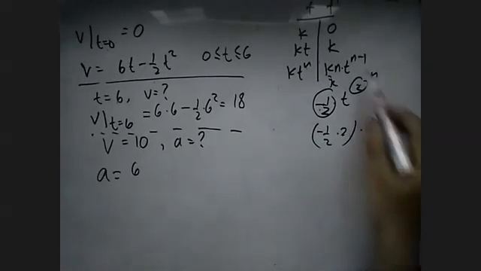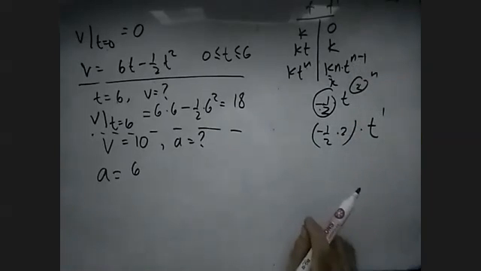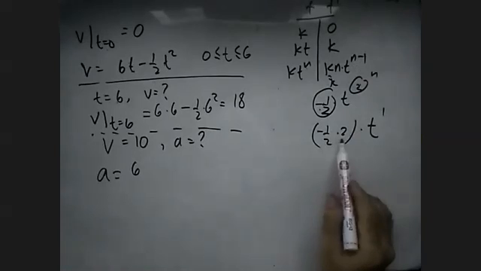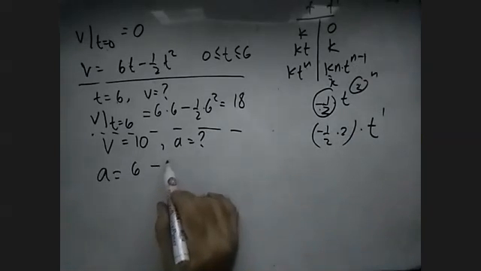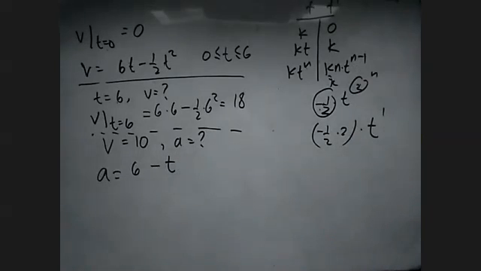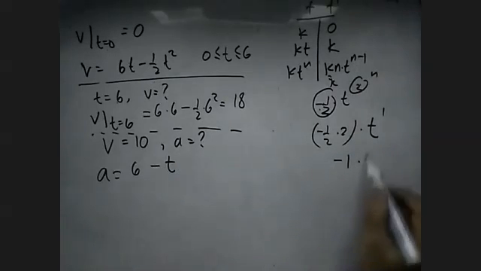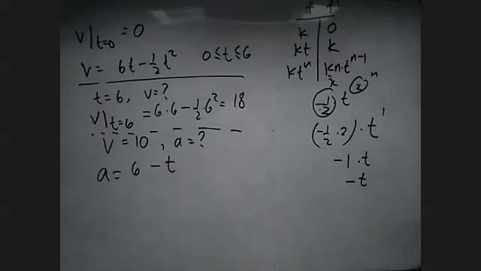Why 1? Because 2 minus 1. Negative half times 2 is minus 1. So that's going to be minus 1 times t power 1, that's going to be minus t. We don't usually write minus 1t. Just minus t.